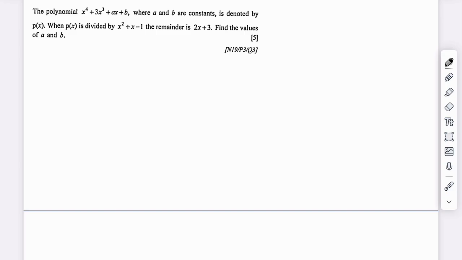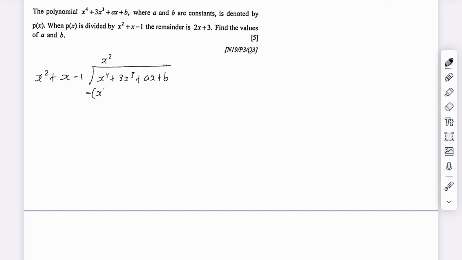Well, the first thing I'm going to do is use long division. So x squared plus x minus 1 going into x to the 4 plus 3x cubed plus ax plus b. If we use long division here, we get x squared here, and we multiply that back in.